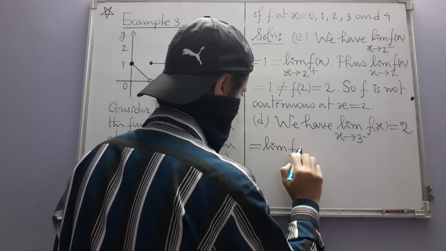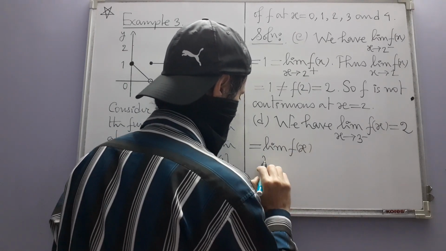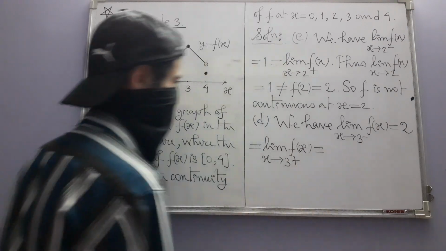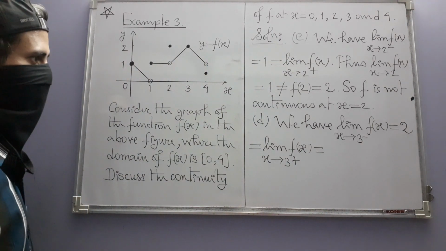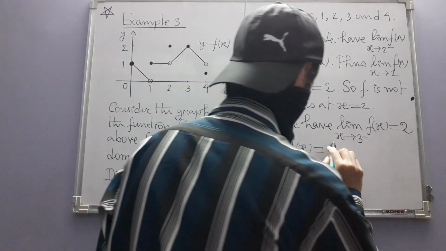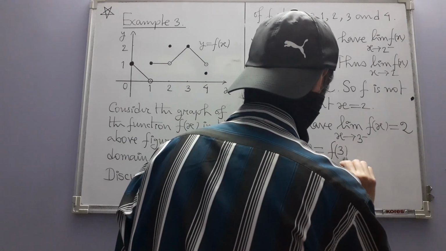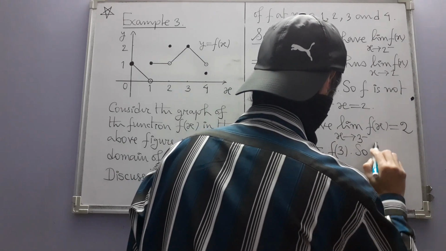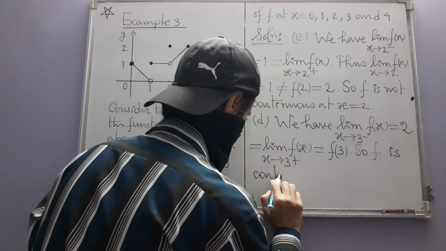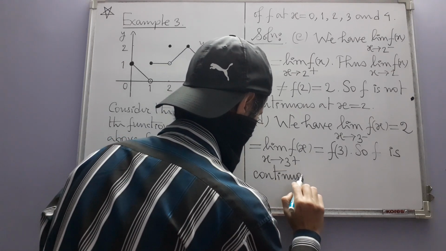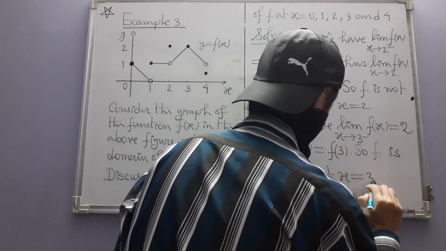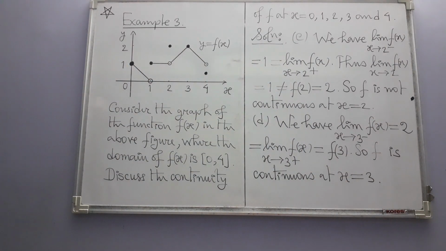The right hand limit is also 2. And that is also equal to the value of the function at 3. So f is continuous at x equal to 3.